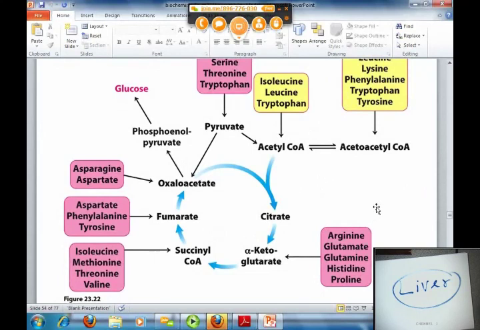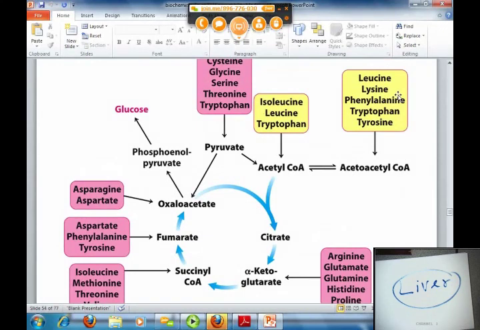So one should remember the fate of individual amino acids. If I ask a question, what is the fate of glutamine in the protein degradation pathway, then you have to say glutamine is entering into alpha ketoglutarate and thereby getting into the TCA cycle.